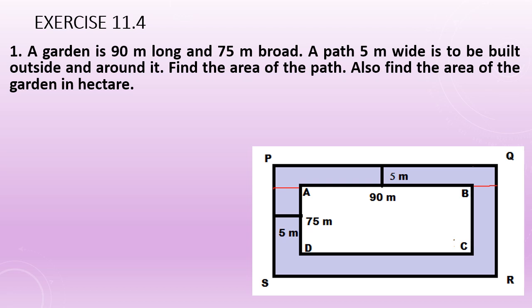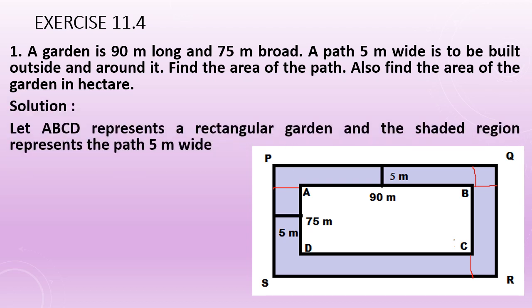To get the breadth, you have to add 5 meter here, similarly here also 5 meter. So total 10 meter you have to add it. So outside the path means you have to add. And if the road is built inside the garden or something inside is given, then you have to subtract from the given length and breadth. Is it clear?